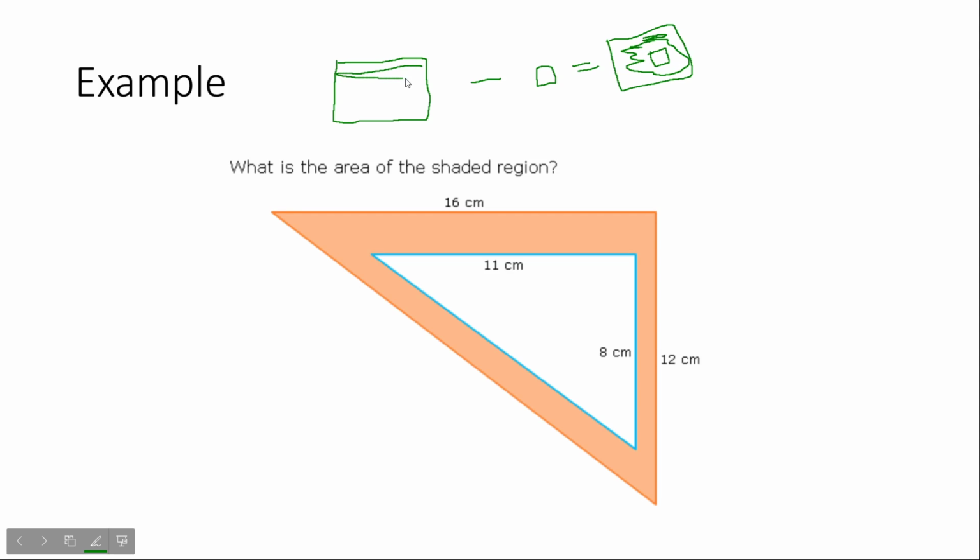So this whole thing would be shaded in over here. If you took the whole outside rectangle, subtract the area of the hole, it gives you the area of everything that's left, everything around it. So that's what we did yesterday.